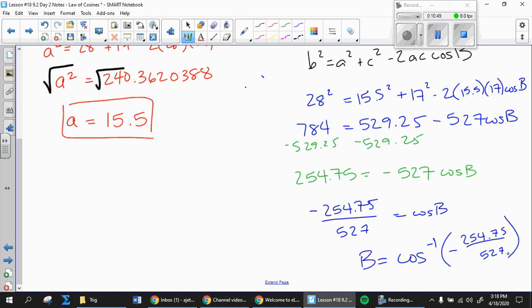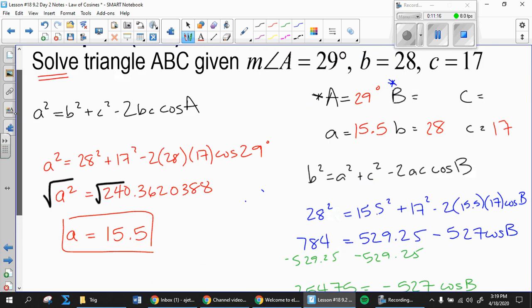So we're typing that entire expression into our calculator: inverse cosine of negative 254.75 divided by 527. That should give us angle B is 118.9 degrees.